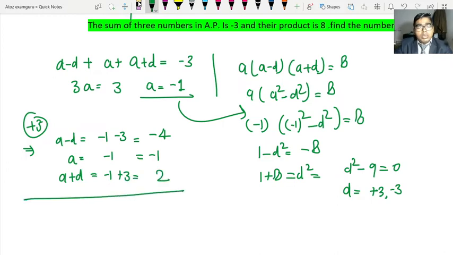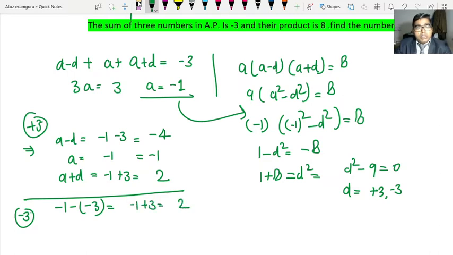Now if we take the minus 3 value, then what will happen? It is minus 1 and minus d, so minus minus 3 gives minus 1 plus 3, which means plus 2.